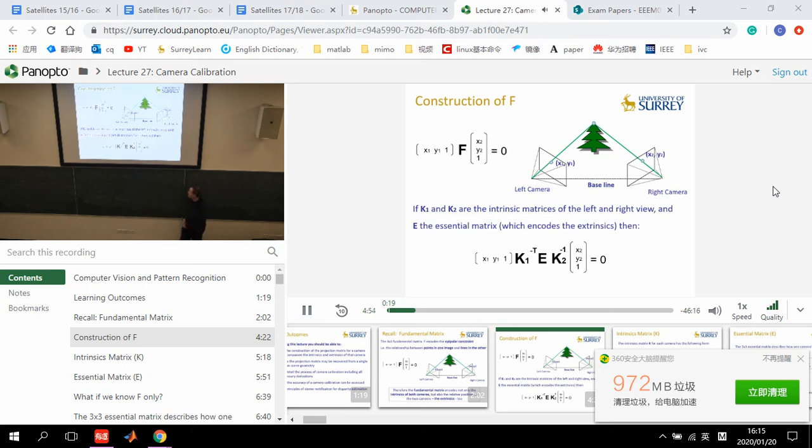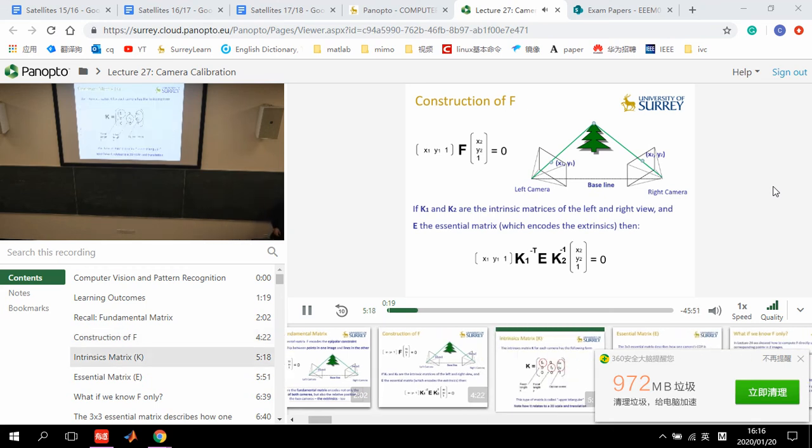Okay, and it's going to be inversed and then transposed. That's what that minus t is shorthand for, inverse transpose, multiplied by this E, and then multiplied by the inverse of the camera calibration matrix for the second camera, or right-hand camera, which has the same form, it encodes the intrinsics. So what does the E encode? The extrinsics. And E is what we refer to as the essential matrix.